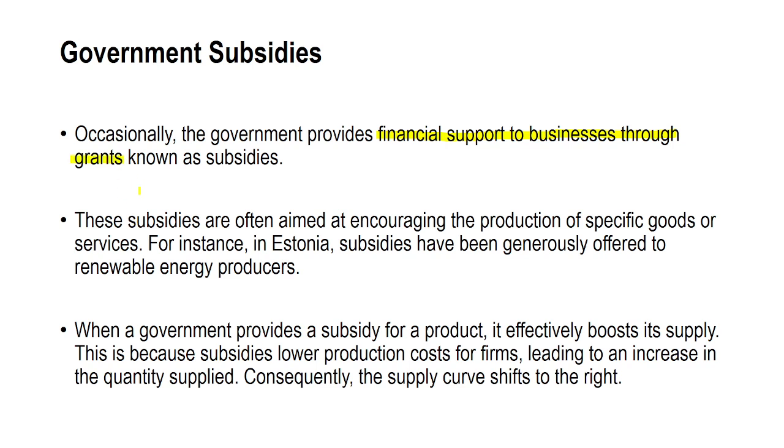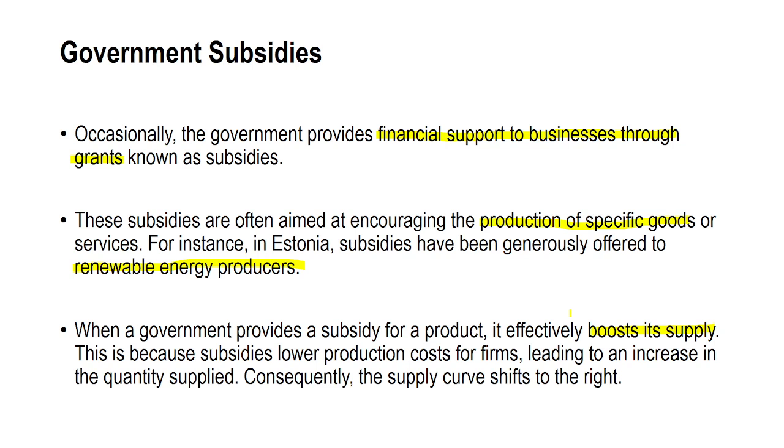These subsidies are often aimed at encouraging the production of specific goods or services. For instance, in Estonia, subsidies have been generously offered to renewable energy producers. When government provides subsidies for products, it effectively boosts supply.